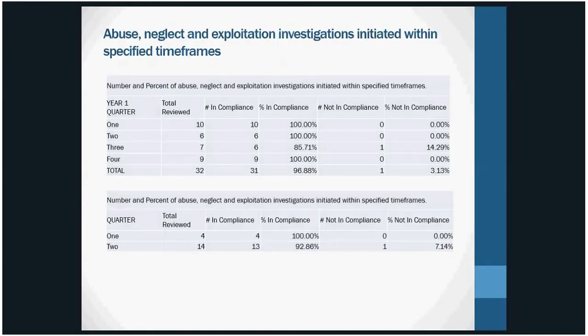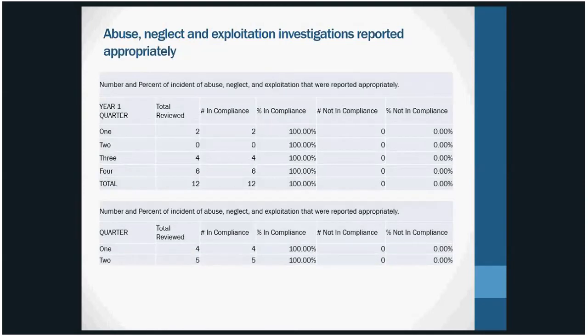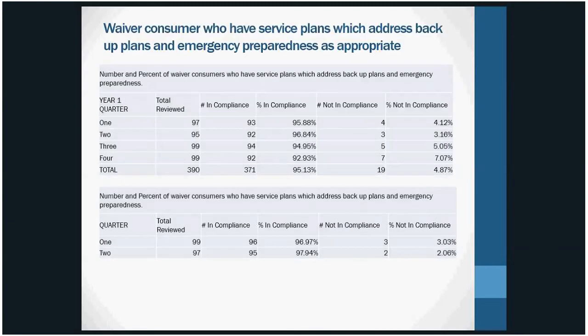For abuse, neglect, and exploitation investigations initiated within the specified timeframes, we had a total of 14 calls on waiver consumers during that time frame, and 13 out of 14 were in compliance at almost 93%. For waiver consumers who've had service plans which address backup plans and emergency preparedness as appropriate, again, very high compliance at almost 98%.